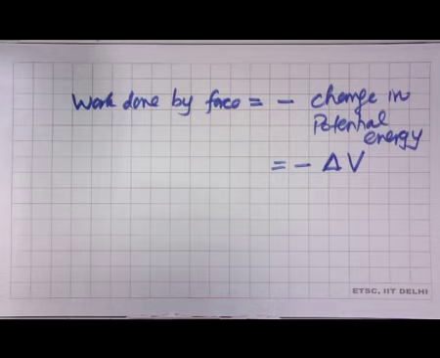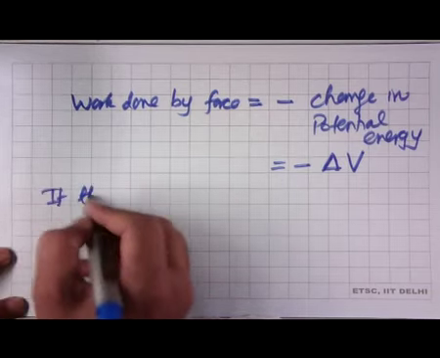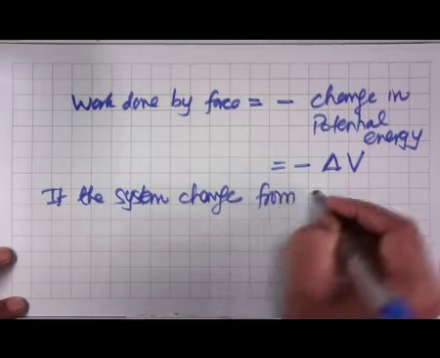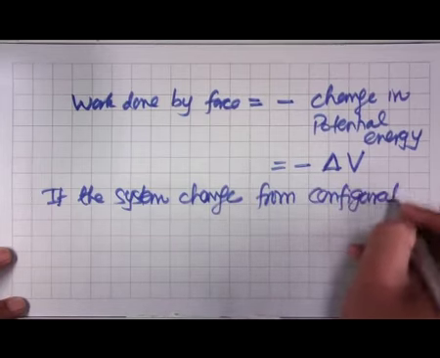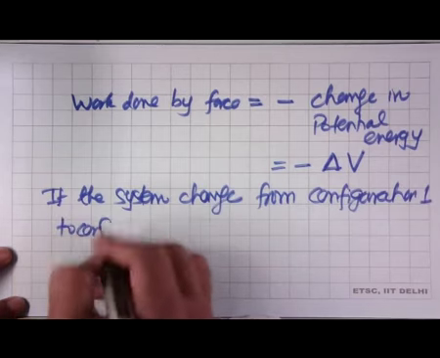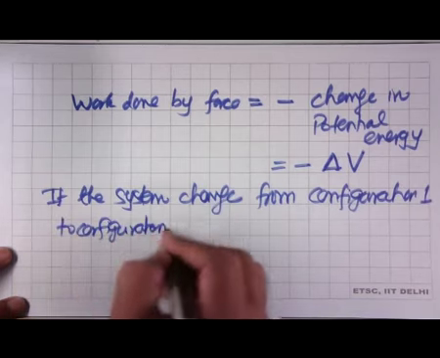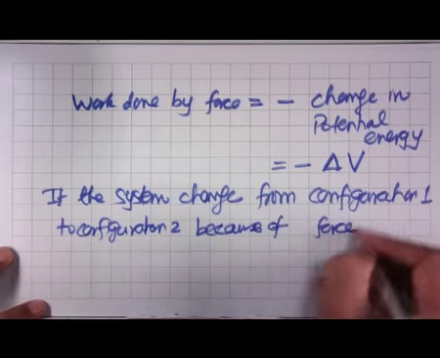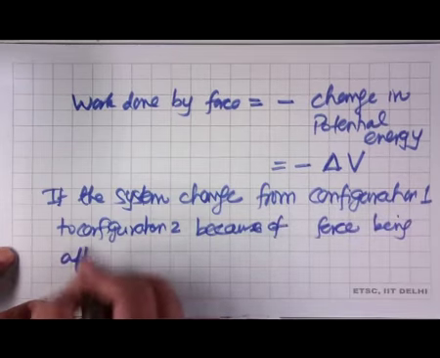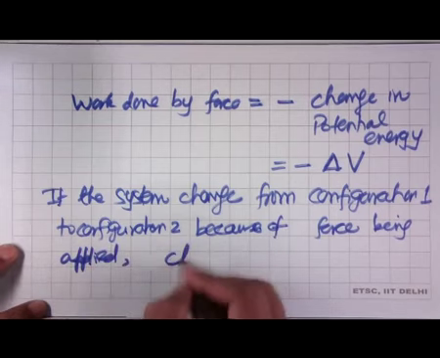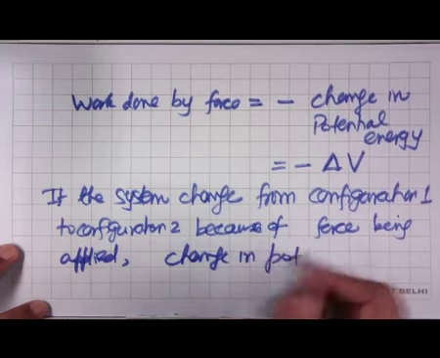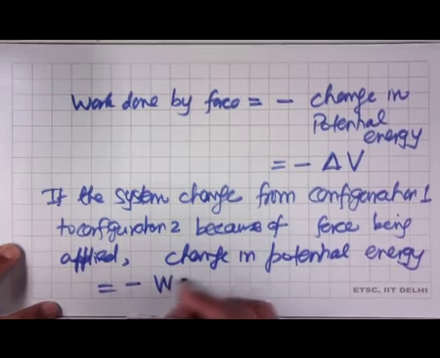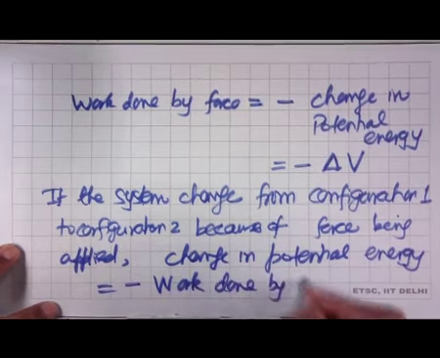So, what we say is if the system changes from configuration 1 to configuration 2 because of a force being applied, then the change in potential energy will be given by minus the work done by that force.